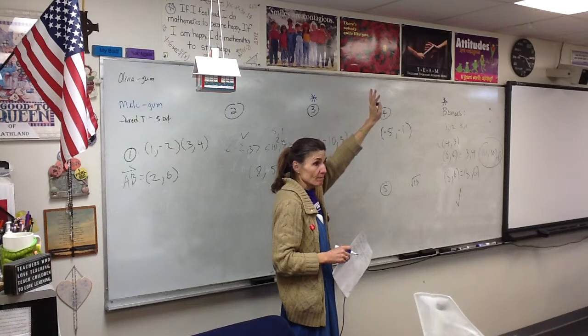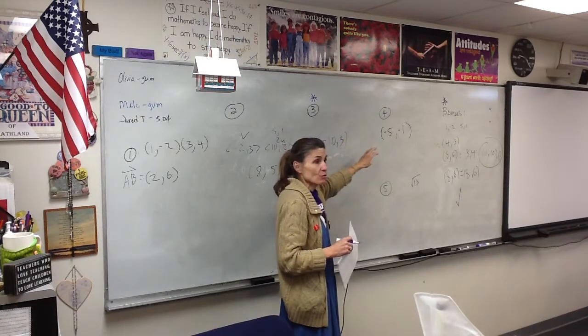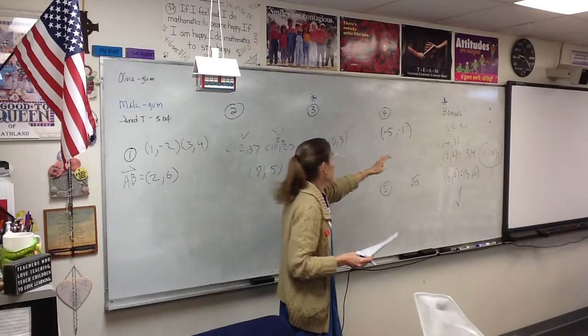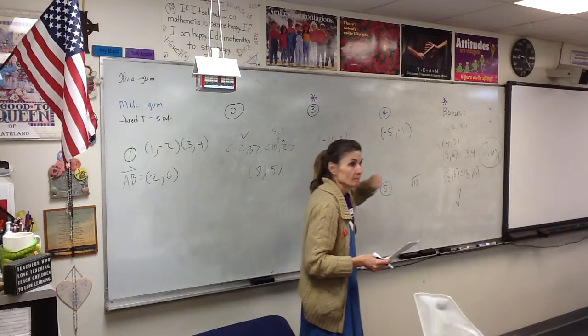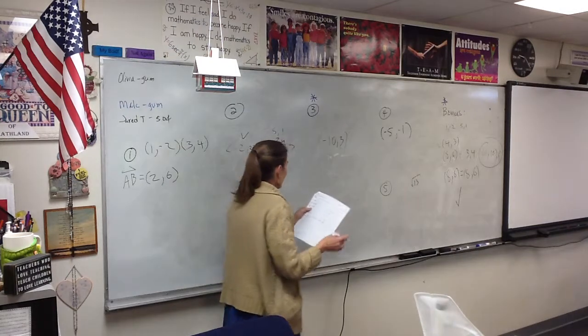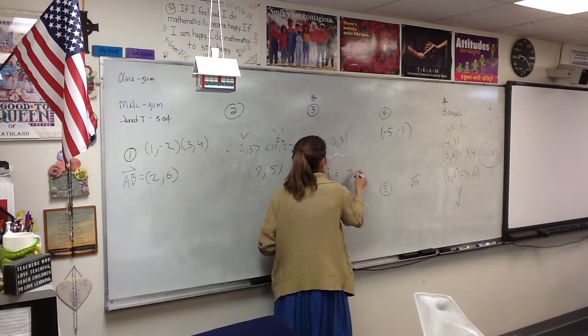Number 4 is the opposite of vector u. So if vector u has coordinates 5, 1, the opposite would just be -5, -1. Okay, now number 3. Number 3 is v dot u. Kids, v dot u is a number.